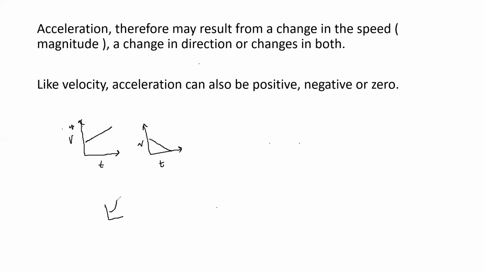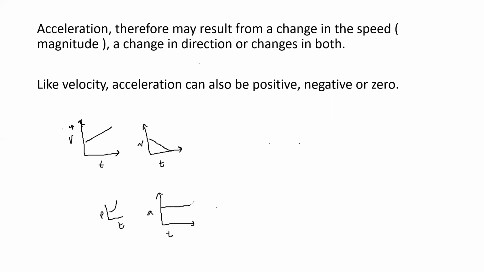This is uniform positive acceleration for the position time graph. The velocity time graph I showed you. Then next, if it is an acceleration time graph, and it is a uniform positive acceleration, the nature of the graph is something like this.